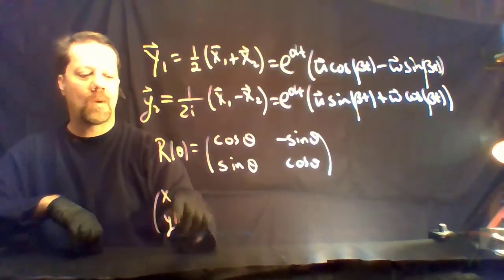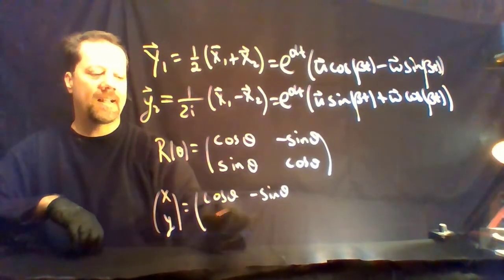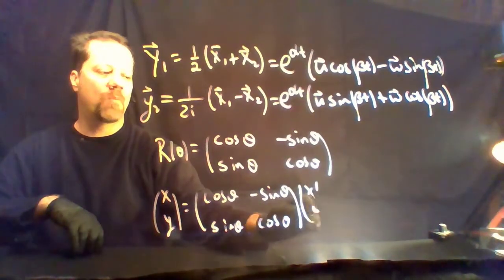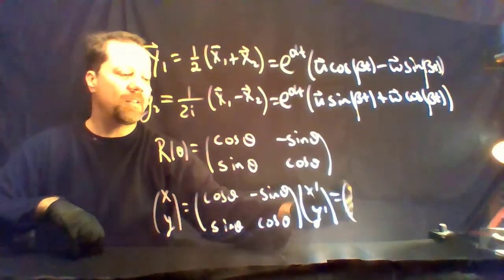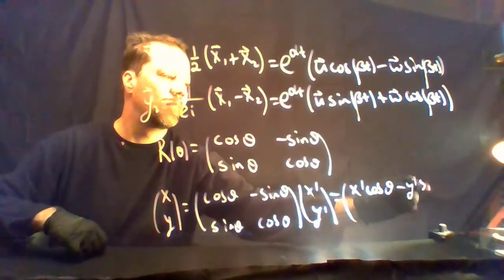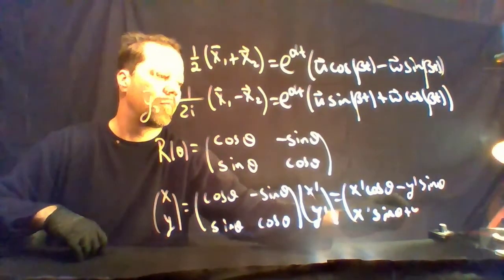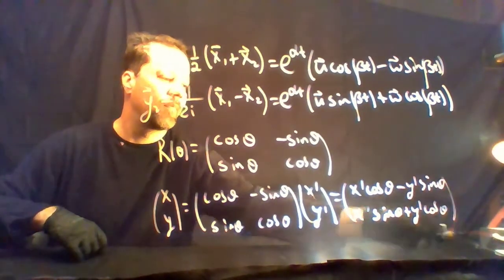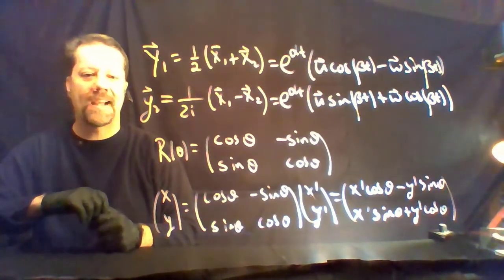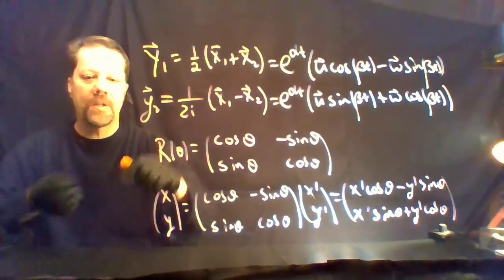If I set x, y equal to this matrix times x prime, y prime, I get the rotation equations from pre-calculus. You might remember these when you were working on the rotations of conics way back in pre-calculus. This is literally how you may transform or rotate coordinates for computer graphics.